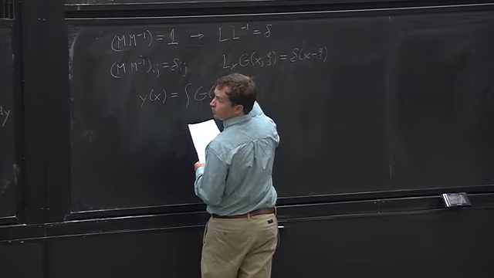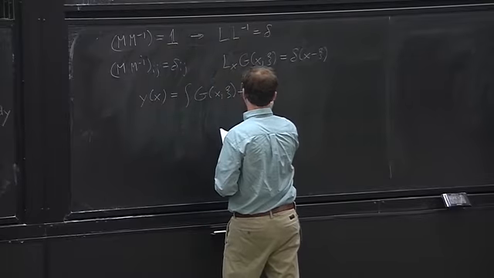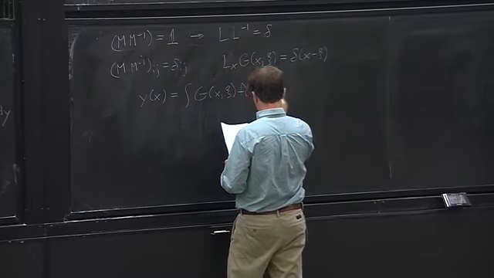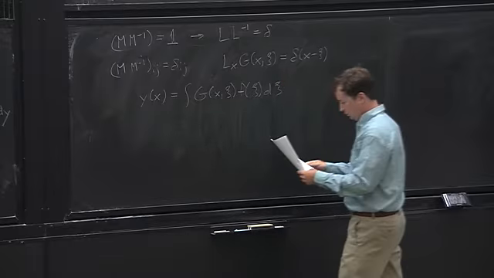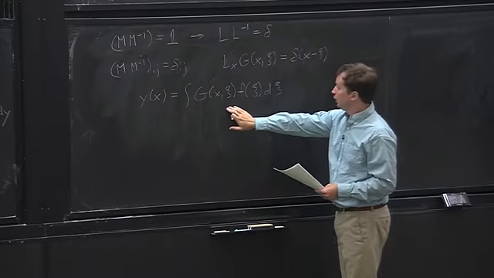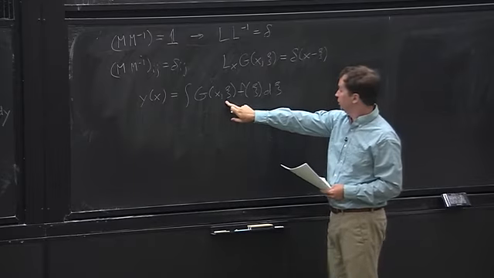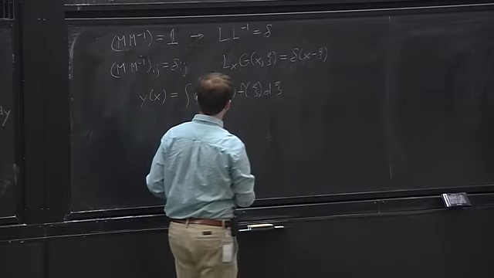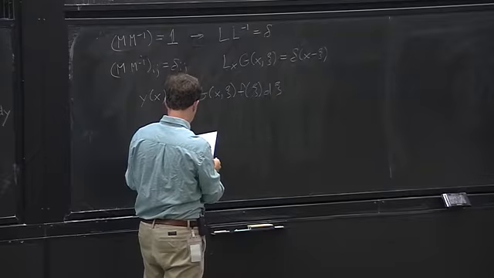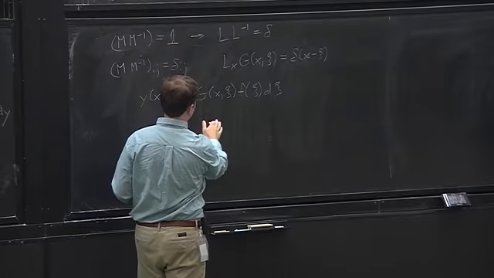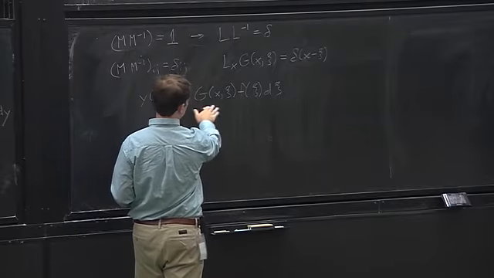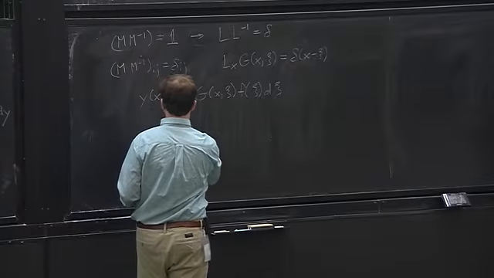times the function on the other side, f of c dc. And we can check rather easily that this solves our original equation.